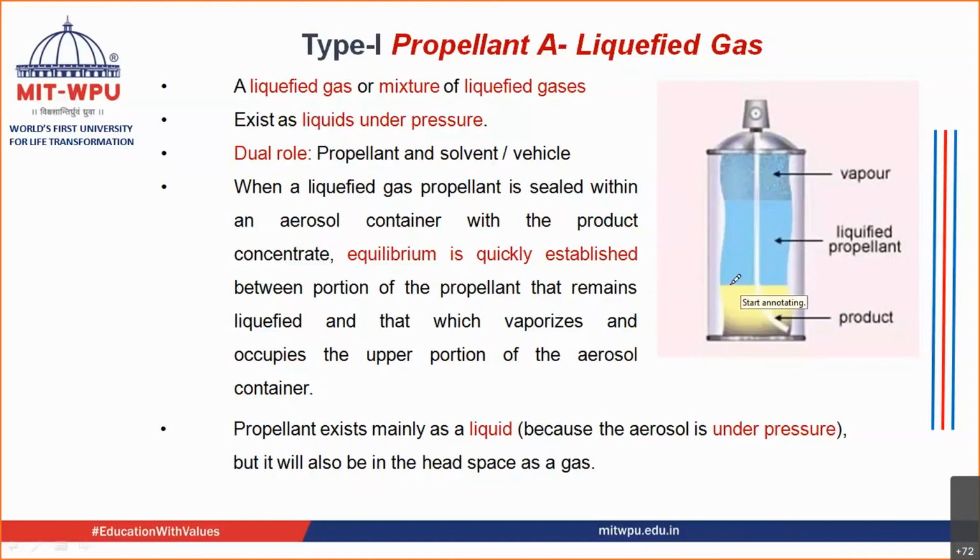It consists of a mixture of liquefied gases, so it consists of a mixture of propellants. It exists as liquid under pressure. When it is under pressure, it exists as liquid. As soon as the pressure is released, it converts into gas.